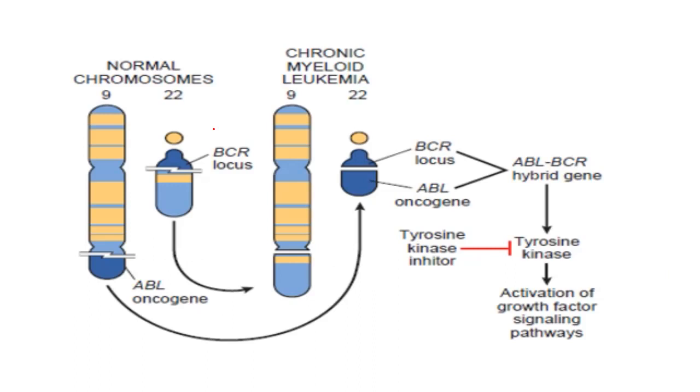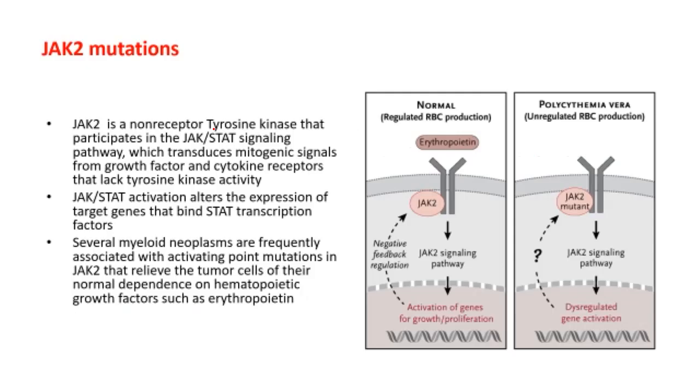But once the ABL gene is transferred to chromosome 22, instead of being under that control, it is just adjacent to the BCR locus. The BCR locus and ABL locus contribute to each other, and they sustain the proliferation pathways in the body.